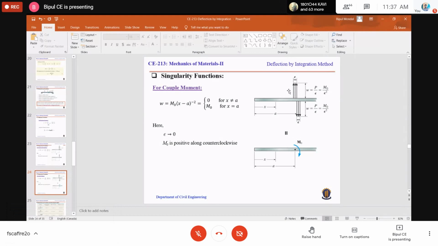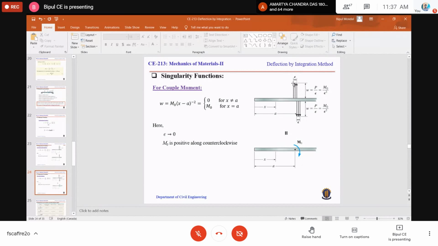So this one will create a clockwise moment, right? Clockwise moment. One force is acting upward, another force is acting downward, and the numerical value of the upward force and downward force is the same. And they are located at a distance epsilon apart.